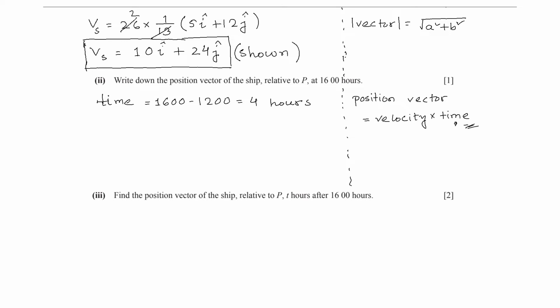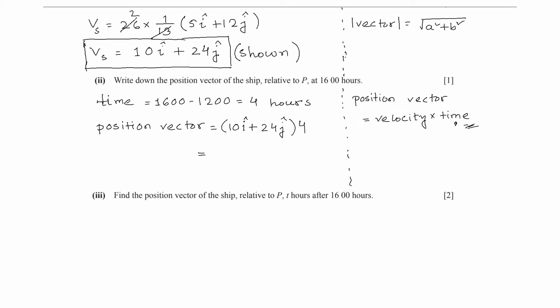So we need to multiply this with the velocity vector of the ship. So the position vector of the ship is equal to 10i plus 24j times 4.